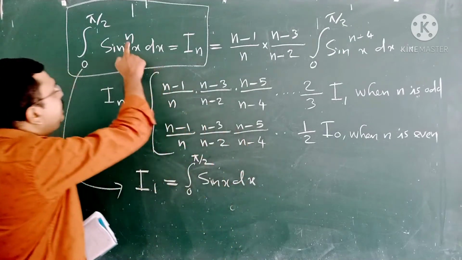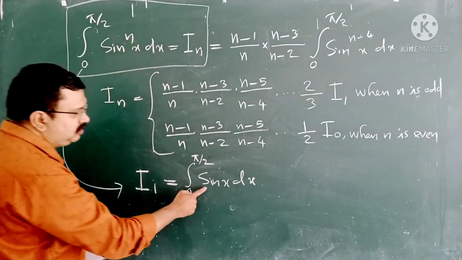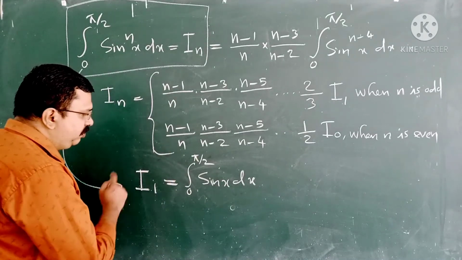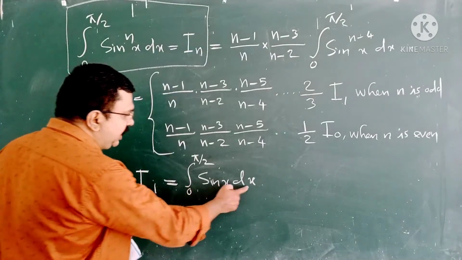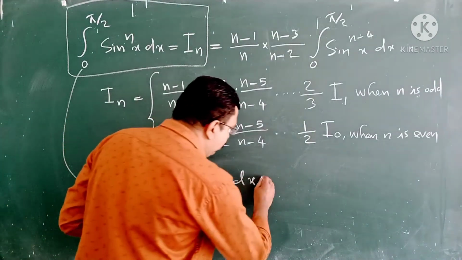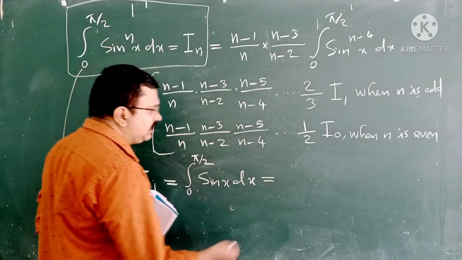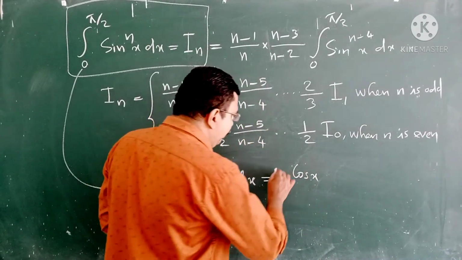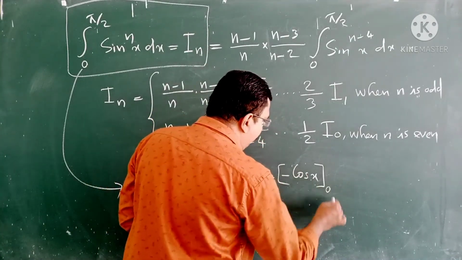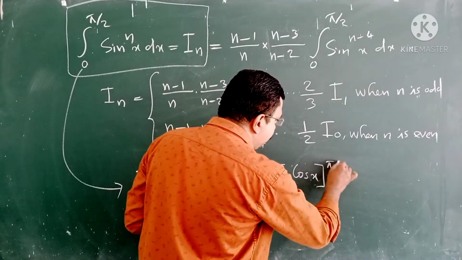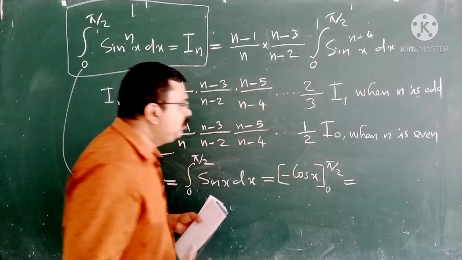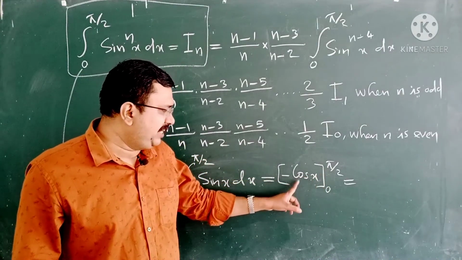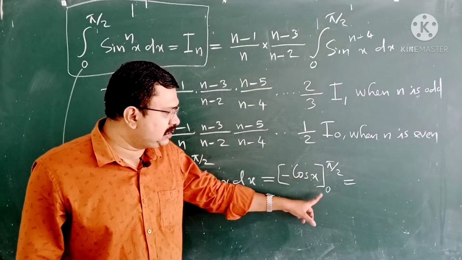n is replaced by 1, therefore sin^1 x, that is sin x. Therefore, I1 equal to integral 0 to pi by 2 sin x dx. We know that integral of sin x is minus cos x. Applying the lower and upper limit, we get cos pi by 2, cos 90 is 0, minus cos 0.